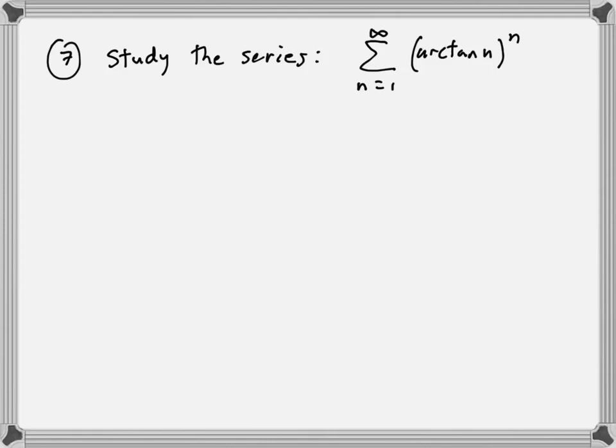Okay. What does arctan look like, by the way? Do we have to worry about this negative or positive oscillation thing here? We do not, because arctan actually looks like this, right?